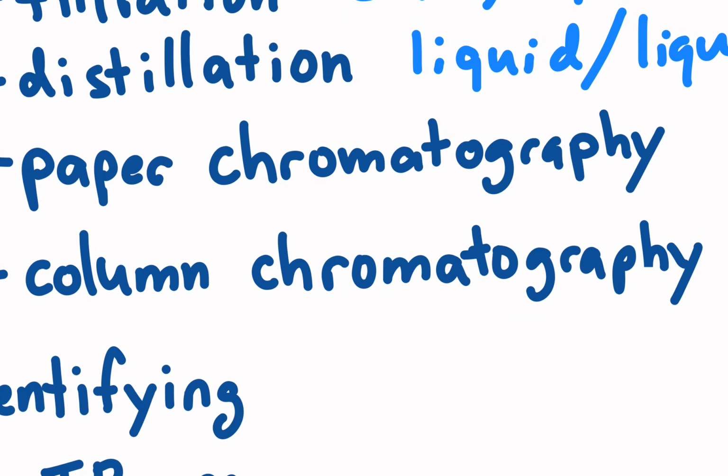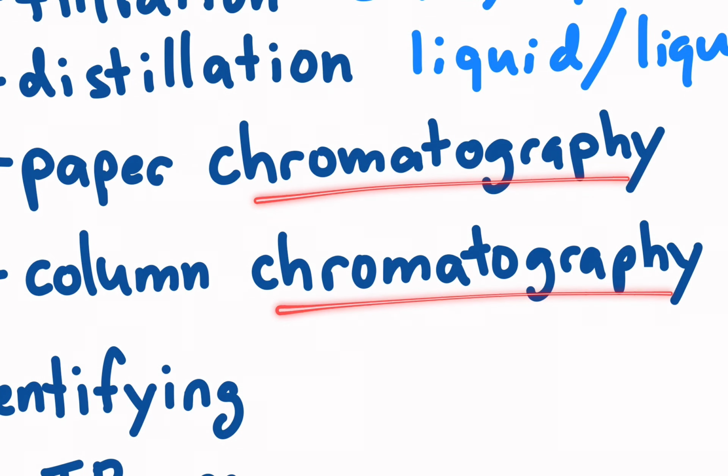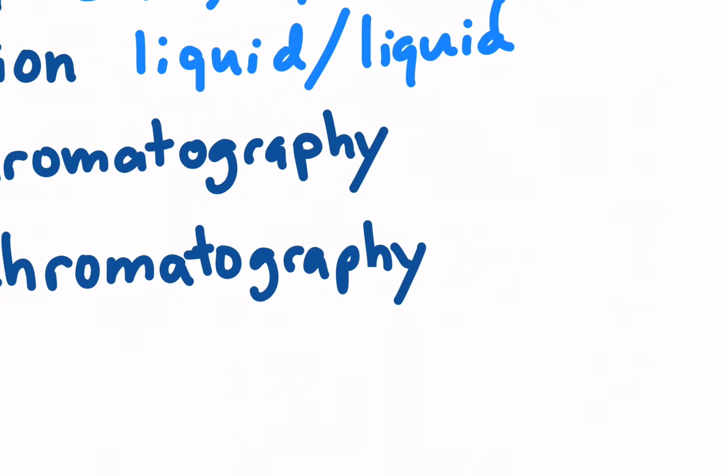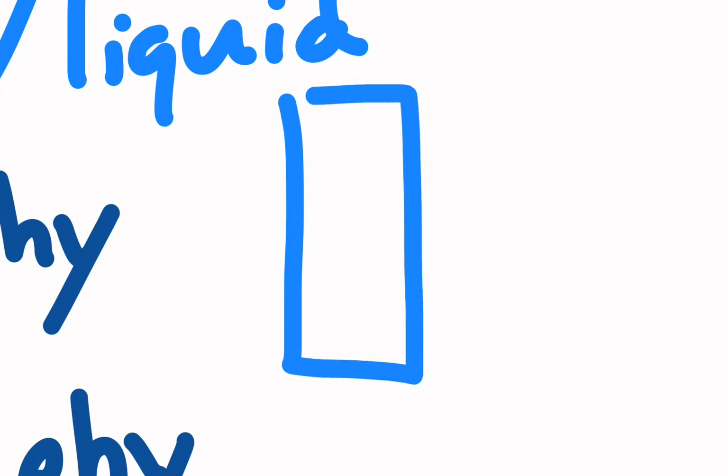Probably the most difficult one to wrap our heads around is chromatography, because I suspect we have the least experience with that. And there's actually two types, paper and column chromatography. Most students have done some type of paper chromatography where you have literally a piece of paper that acts as your stationary phase.